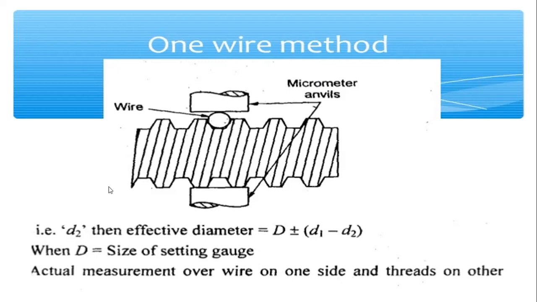Then we have to take the effective diameter as D2, because only one wire has to be measured. Then it is taken as D plus or minus D1 minus D2. That is the formula for obtaining the effective diameter by using the one wire method.